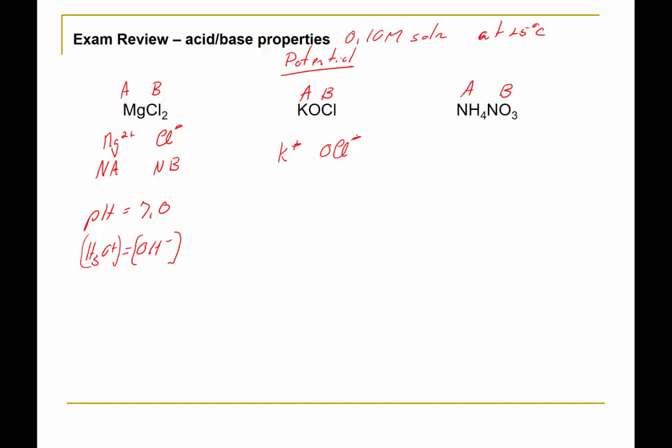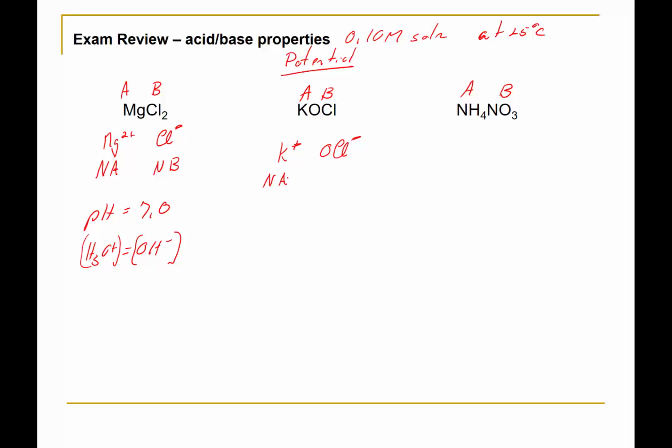If you've got your chart of polyatomic ions handy, this would be helpful for doing this sort of analysis. Again, the potassium ion is an example of a negligible acid, as potassium is found in the first column of the periodic table. It is an alkali metal. Its hydroxide would be a strong base. Therefore, the potassium ion itself is a negligible acid.